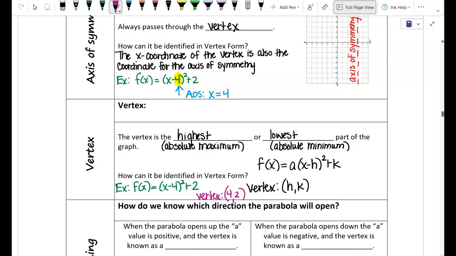It's a minus 4, which tells us that h is positive. And we always go with the sign that k has.